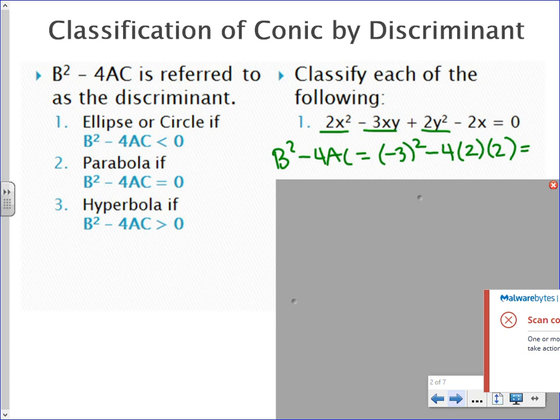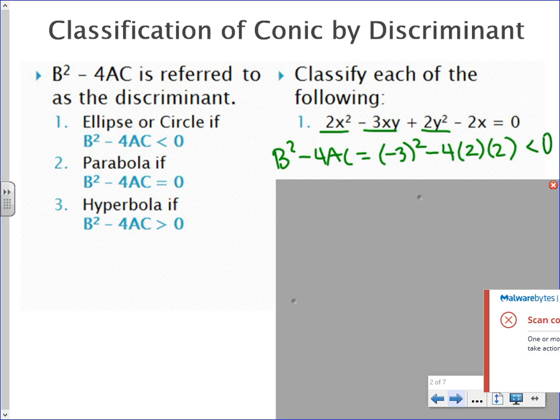What does this equal? Really doesn't matter what it equals, right? This is 9, and this is more than 9, right? 9 minus 16. I really don't care what it equals necessarily. I care how it compares to 0.